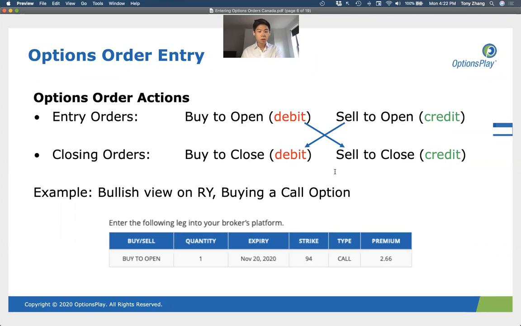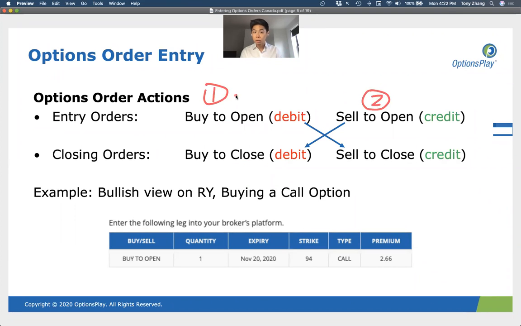And the most important thing to remember is that for any option strategy, you must specify whether it's to open or to close. If you get the wrong one on the open side, this order will simply get rejected. But if you do a buy, let's say buy to open, and instead of getting a sell to close, you accidentally do a sell to open, what you'll end up with is an initial position, and then a second position at the same time.